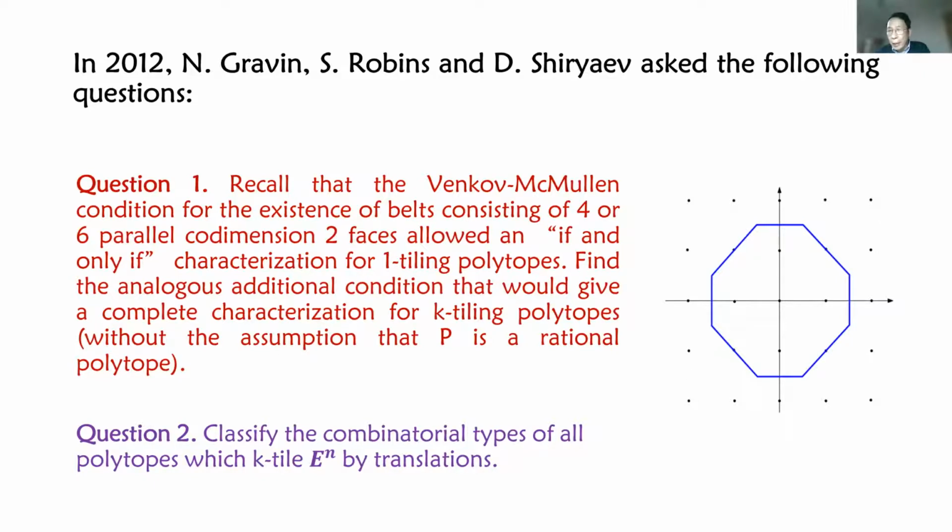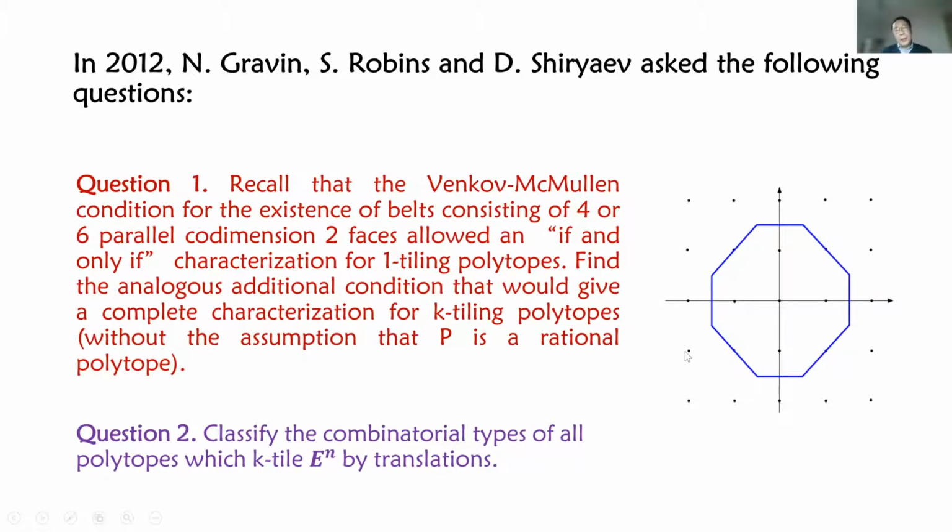Of course, the number of edges is always even, and then the first candidate for a troublemaker will be the octagon. So Robinson and his co-authors considered this one, and in their paper they discovered that this shape can form a sevenfold tiling. So from one-fold suddenly we jump to sevenfold.